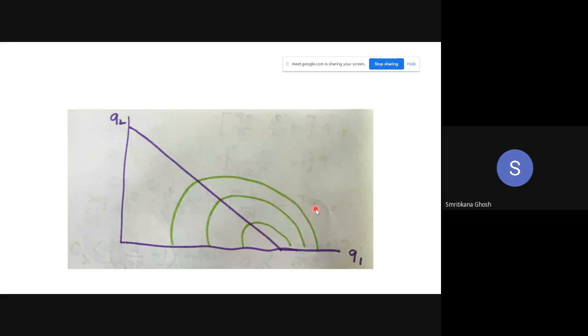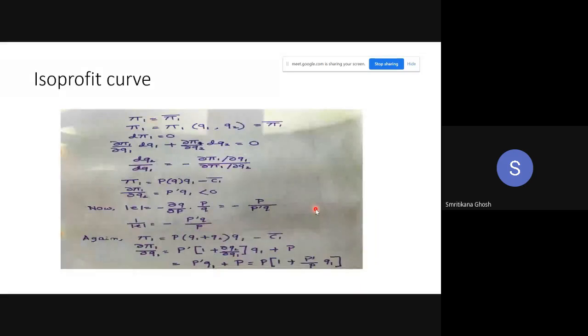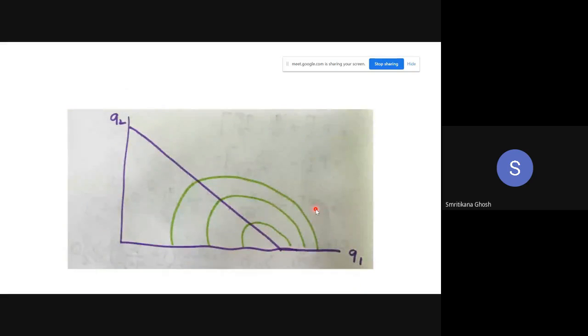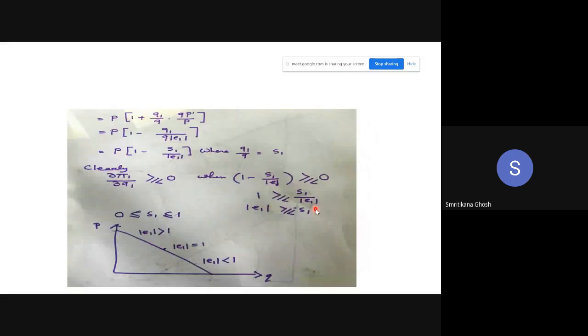Up to this point, if you have any question, ask me, otherwise I will explain the properties of the isoprofit curve. From anywhere, if you have any query, ask.